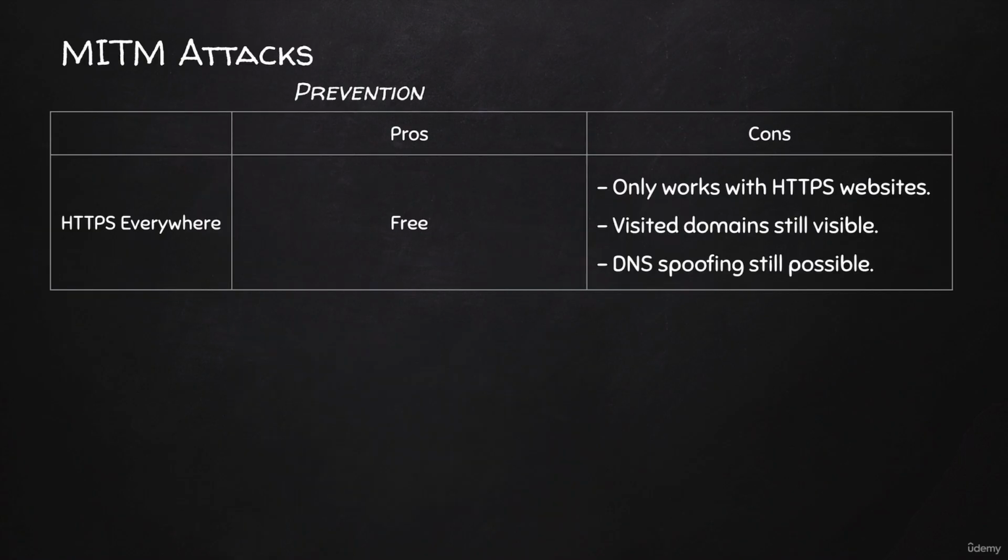So, to summarize the 2 methods that we covered to protect our data from man-in-the-middle attacks, with HTTPS Everywhere, it's great, it's free. The only problem is it only works with HTTPS websites. The person intercepting the data will still be able to see the websites we visit, and they will still be able to run DNS spoofing attacks.